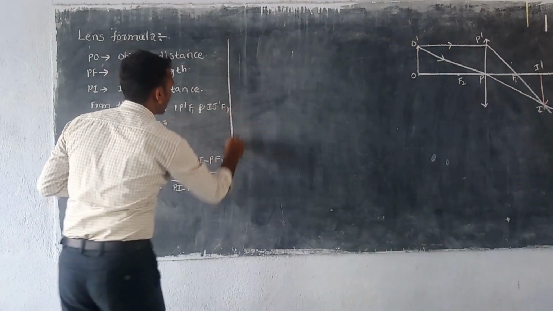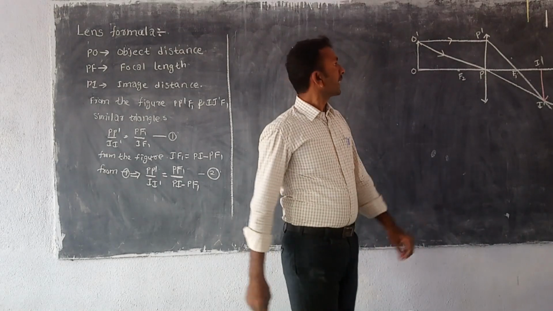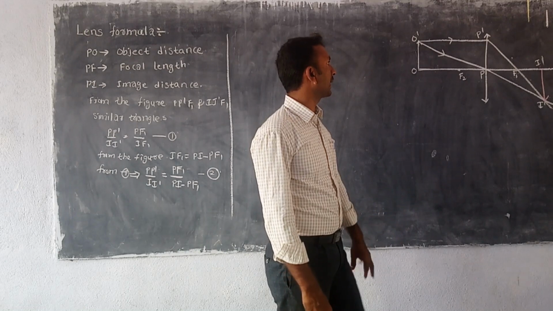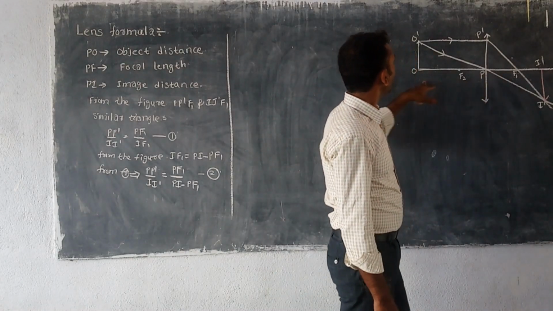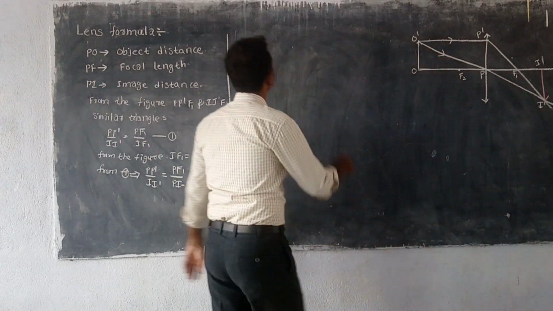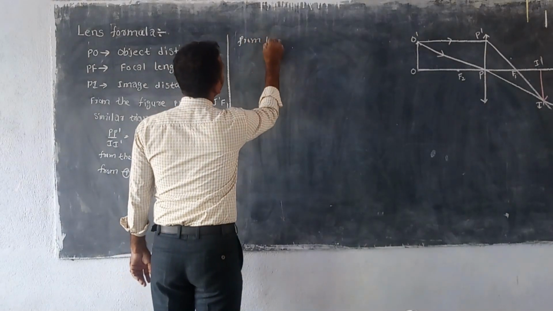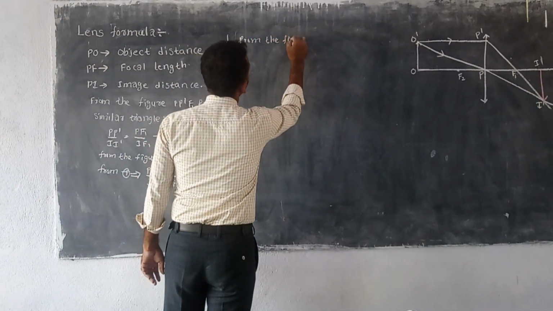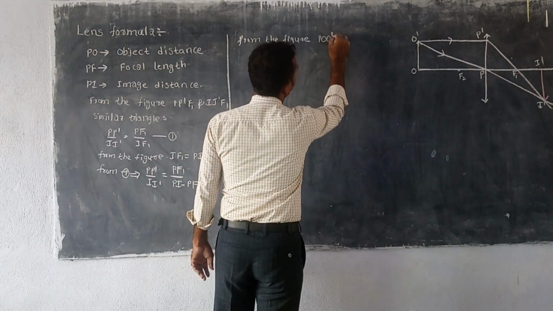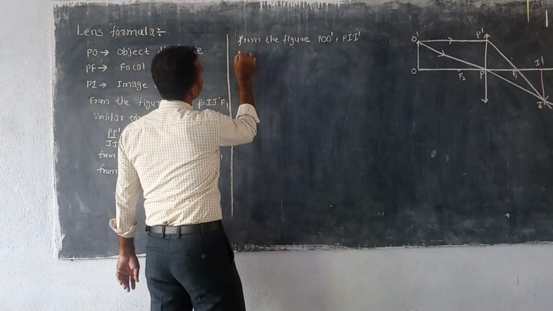Okay, and once again, we can observe the picture. We can find another two similar triangles, and those are PO dash and PI dash. From the figure, PO dash and PI dash are similar triangles.